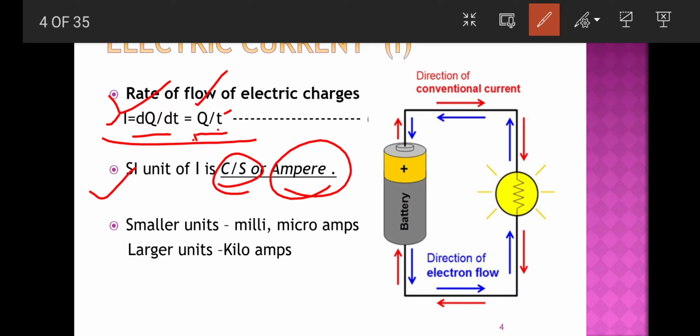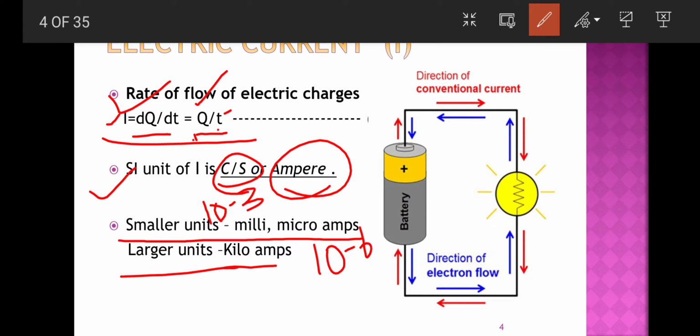The smaller units of current: milli, that is 1 milliamp is equal to 10 to the power minus 3 amps. Micro is 10 to the power minus 6 amps. And the larger unit of current will be kiloamps, so 1 kiloamp is equal to 10 to the power 3 amps.